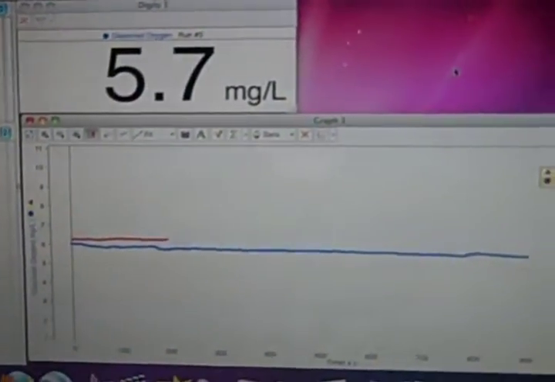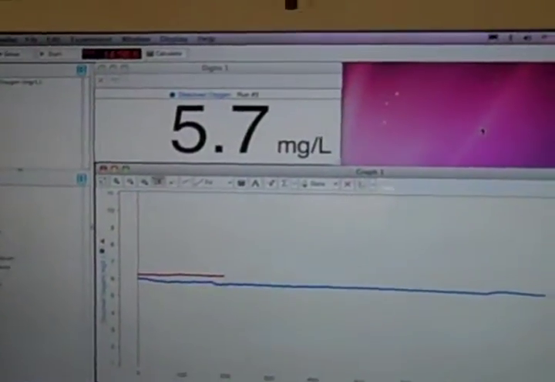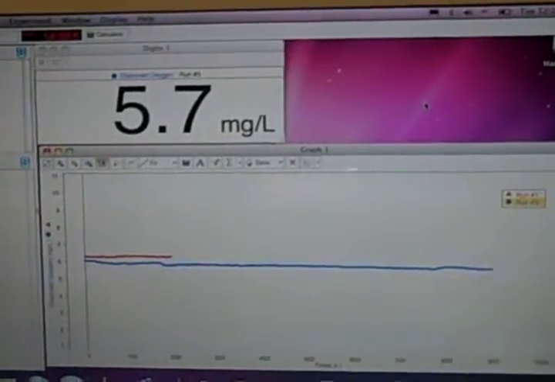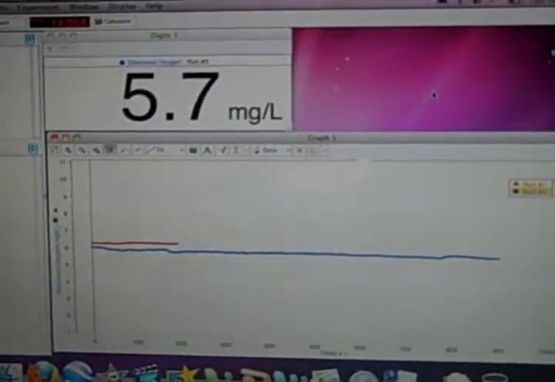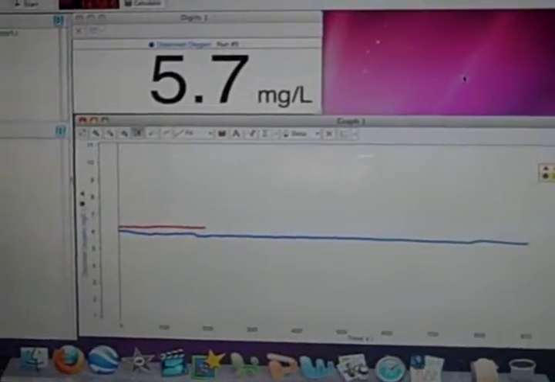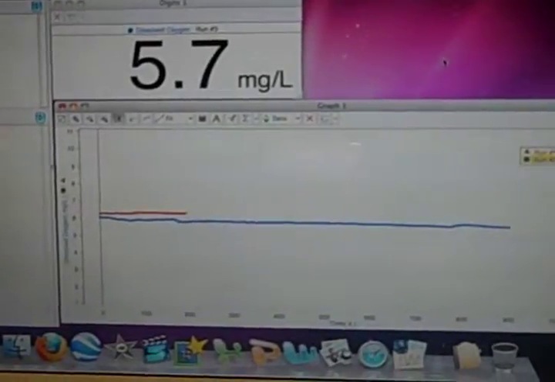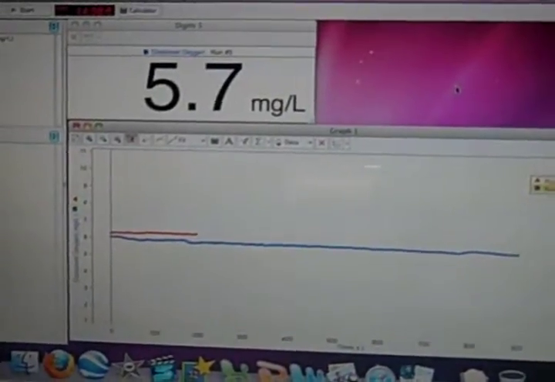Without carbon dioxide in the water, the plant wasn't able to produce glucose or oxygen, and that's why the dissolved oxygen in the water did not increase. Since plants also use oxygen, the dissolved oxygen in the water slightly decreased.